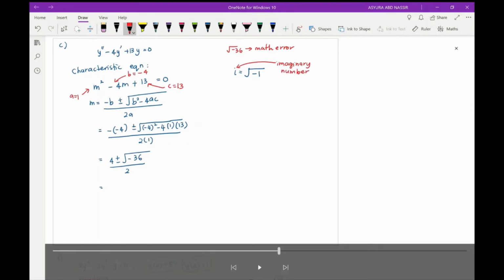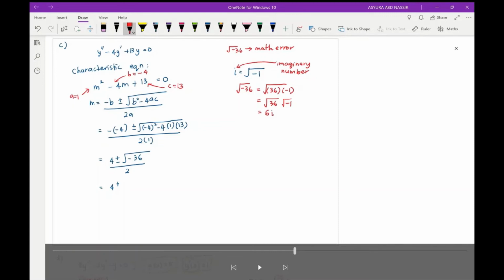So the square root of negative 36 equals the square root of 36 times negative 1, which is the square root of 36 times the square root of negative 1, equals 6i.